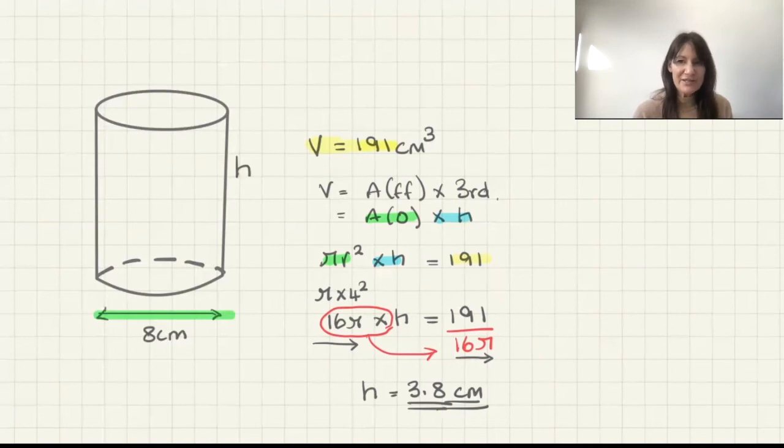So surface area and volume of cylinder right at the top end of foundation. And if they do something like that to you, they really are testing you at the maximum limit of this grade. All right. Now, if you want to rewind and just watch that through one more time so that you can kind of see that unfolding again, that mightn't be a bad idea.